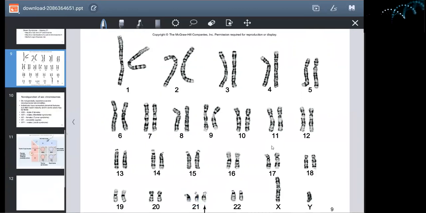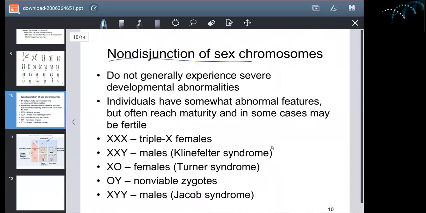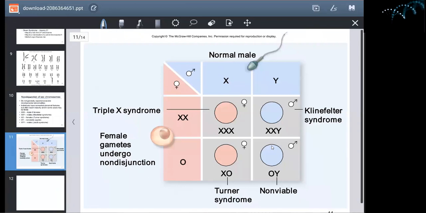What's interesting is this can also happen in sex chromosomes. And when this happens, you can result in several kinds of syndromes. So let's look at this. If a girl who has XX, it should originally separate into 1 X and 1 X, but it failed to separate. Now you have 2 X's coming into an egg, and the other one doesn't have any.